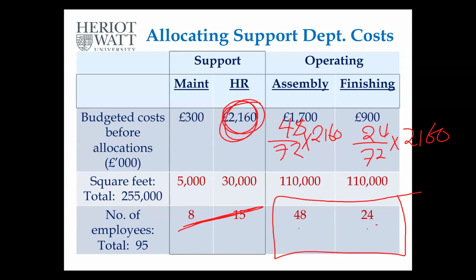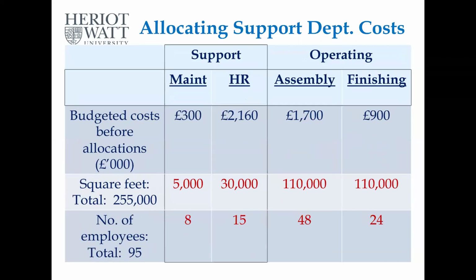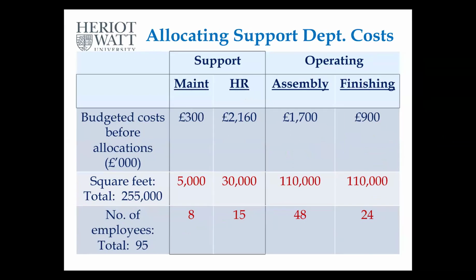Okay, that's fine. So just for the last one, I've understood. If we use, for the maintenance department, the 300, which is the allocation, since we have to send it to the operating department, we will use the number of employees and the square feet from their side, because that's how we are apportioning the cost, right?